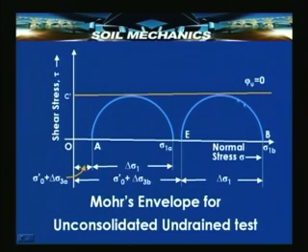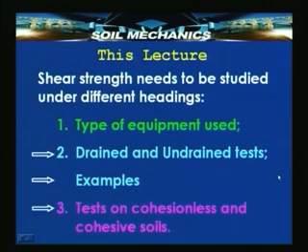Therefore, here we have two circles corresponding to two different initial confining pressures applied. Their common tangent will make an angle phi undrained equal to 0 and giving a cohesion C undrained equal to the intercept on the y axis. And this is what an unconsolidated undrained test and its Mohr diagram look like.